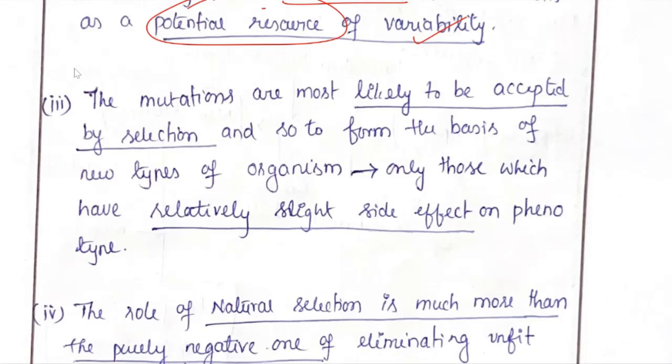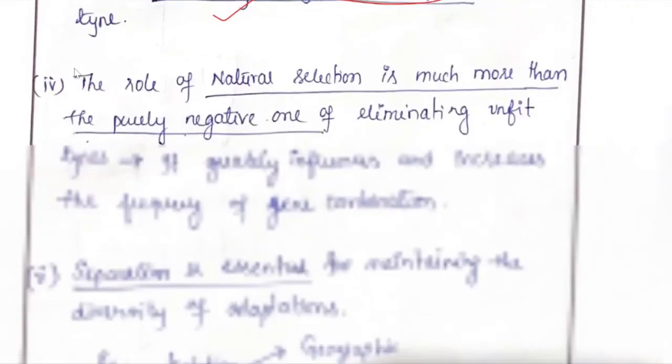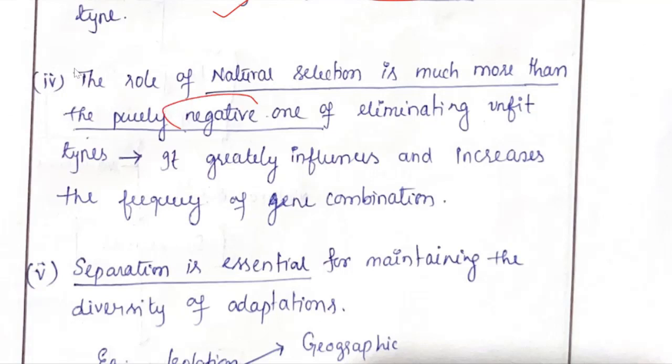Then the mutations are most likely to be accepted by natural selection, so as to form the basis of new types of organisms. Here only those will be selected which have relatively slight side effects. Those with greater side effects are filtered out. And the role of natural selection goes beyond the negative role of eliminating the unfit types.